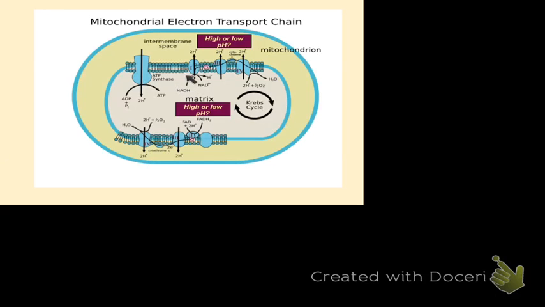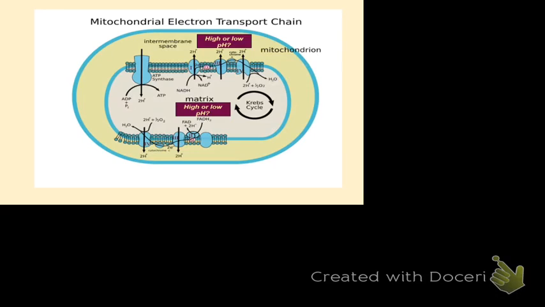The electrons get transferred from complex 1 to 3 to 4. If you start off with FADH2, you bypass complex 1 altogether because it goes from complex 2 to 3 to 4. So depending upon where the electrons are originating from is where you start. If it's NADH, you go through 1, 3, and 4, and if it's FADH2, you go through 2, 3, and 4.